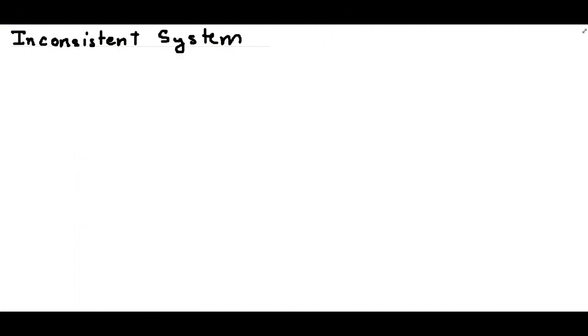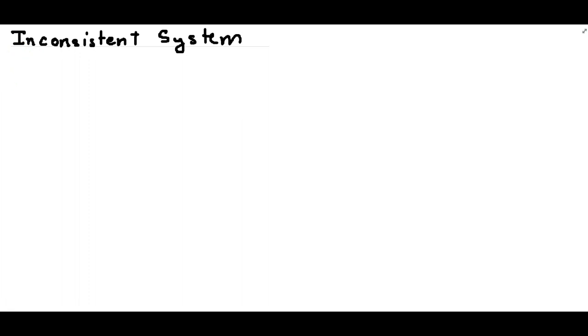Okay, so now we have something called an inconsistent system. So sometimes we have two equations that are never true. If we have two lines that never intersect, like parallel lines, we're never going to have an answer where they intersect. So what does this look like when we're using the elimination method?